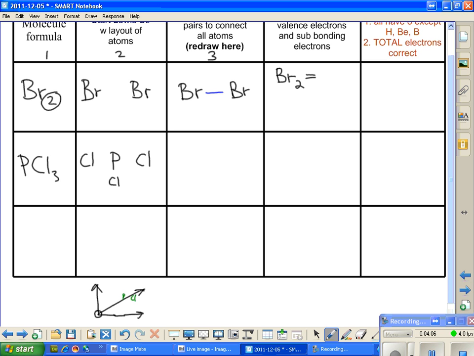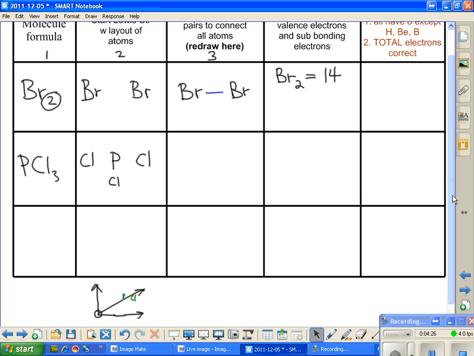They're the ones to the left and the right of the transition elements. So bromine is going to be 7, and we have 2 of them, so 2 times 7 is 14 electrons. And because there are only those 2 atoms, that's the total electrons in this Lewis structure.